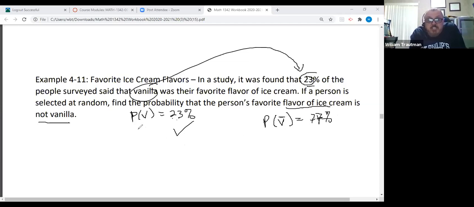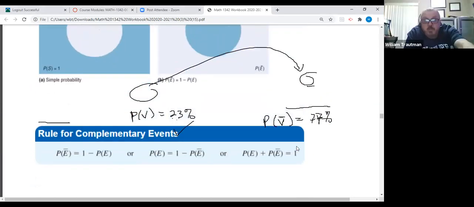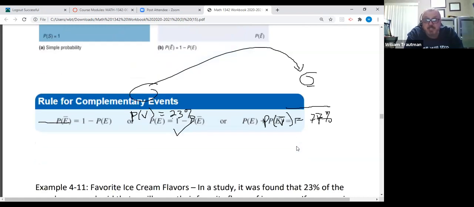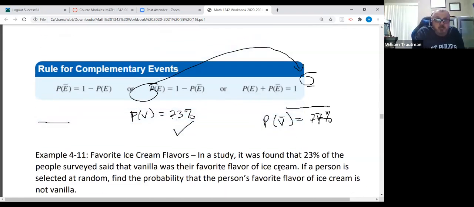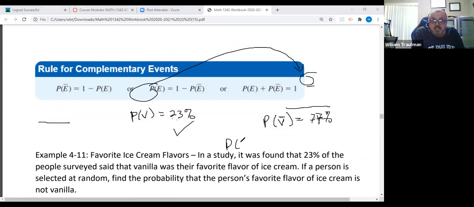Another way of doing this, if we go up to the top once again to that formula: the probability of it not happening is 1 minus the probability that it is happening. So the probability that vanilla is not my favorite is 1 minus the probability that vanilla is my favorite.